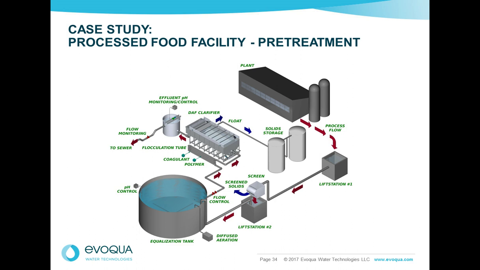It's taken over to a solid storage facility where the solids can be decanted, free water can be decanted from those storage tanks, and the solids are then taken away for reuse at a local rendering facility. The effluent from the DAF then passes through a pH monitoring and control system to keep the pH within the permit limits of the municipality, and then it's discharged to the city sewer.